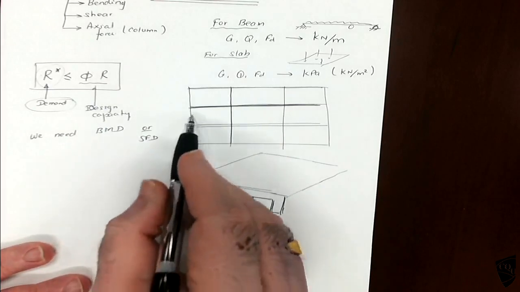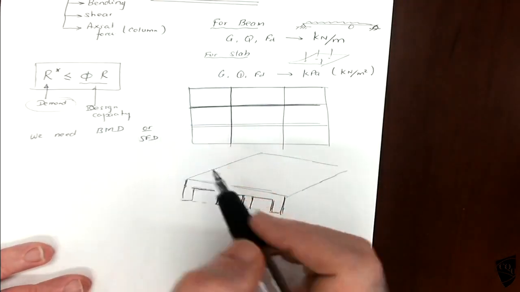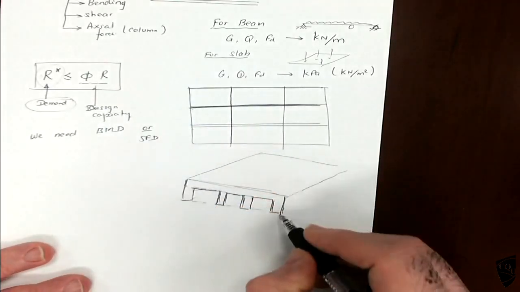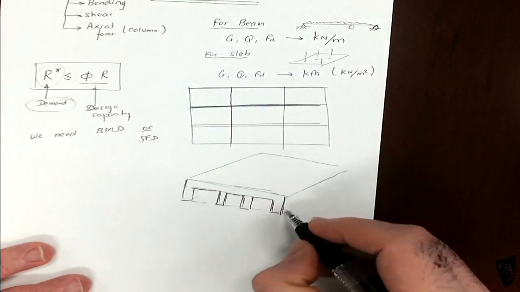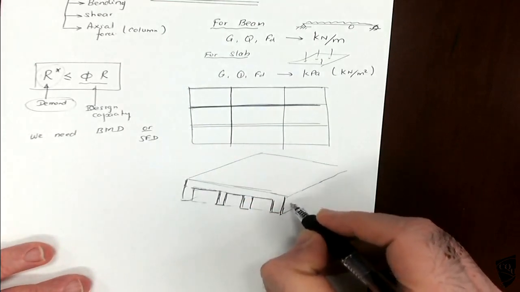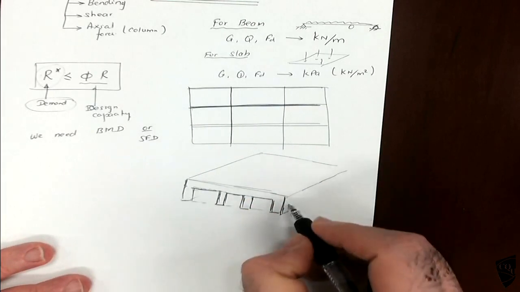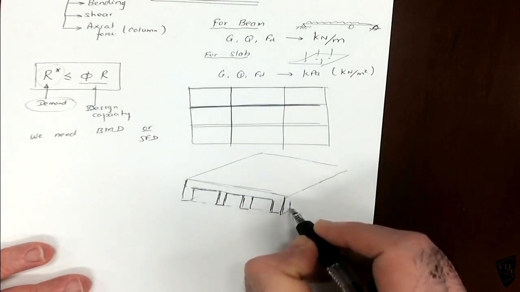Your 4 beams, 1, 2, 3, 4, will go like this, and we also have the beams on the other side.